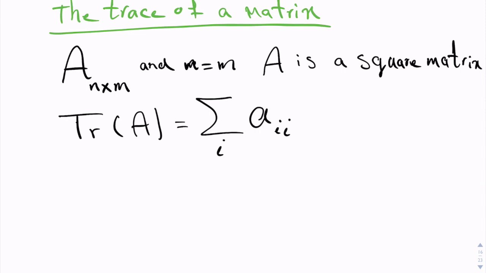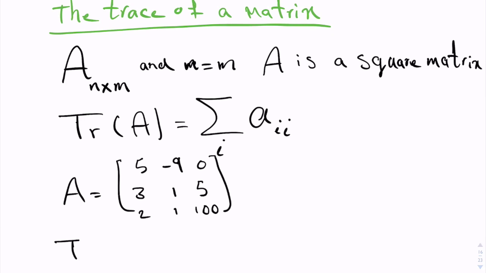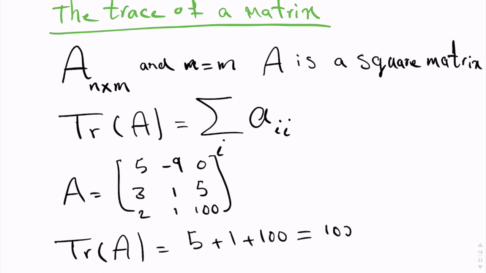For instance, if A equals the matrix with rows 5, minus 9, 0; 3, 1, 5; 2, 1, 100, then the trace of A is equal to 5 plus 1 plus 100, which is 106. Note that the trace of a matrix is a scalar. That's important.